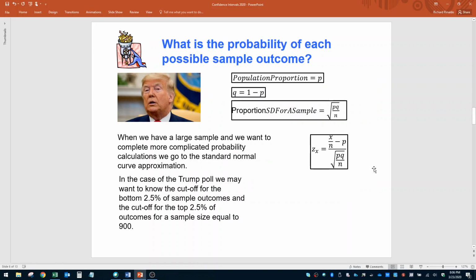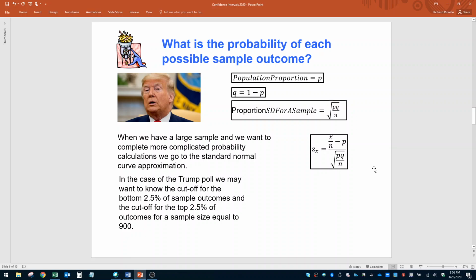Back to our original study. The sample size was 900. I need a metric that will give the reader a sense of my level of confidence in the accuracy of my poll result. And we refer to that as a confidence interval. Now, to calculate my confidence interval, I have to do slightly more advanced, trickier probability calculations.